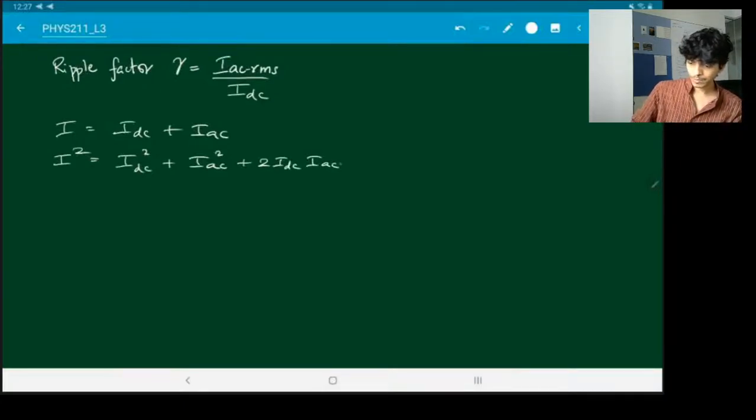Now I want you to remember that DC part is just flat, so this is constant in time. The AC part is sinusoidal, so this square goes as sine square, and this, which is a product of the two, is just sinusoidal.